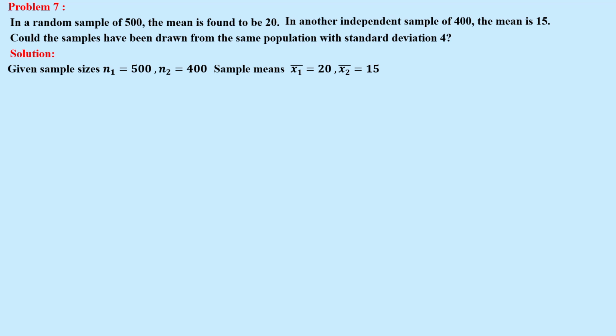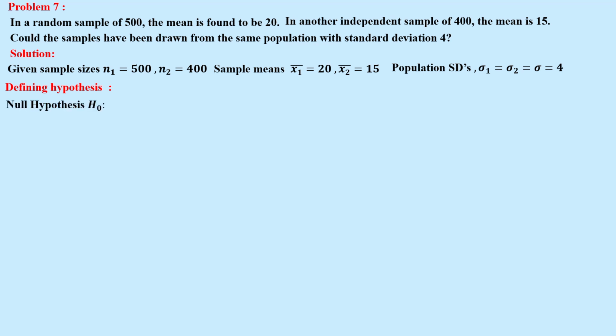Could the samples have been drawn from the same population with standard deviation 4? They are asking whether it is from the same population or not. For the same population, the population standard deviations sigma 1 and sigma 2 are equal to sigma, so both are equal to 4.